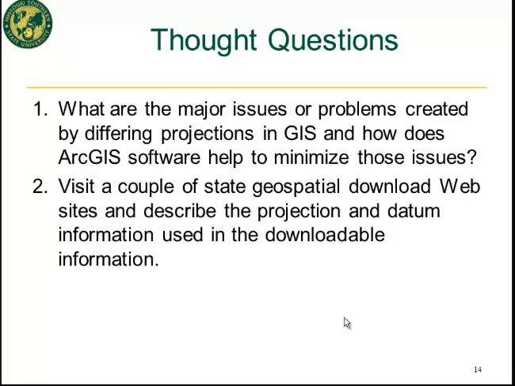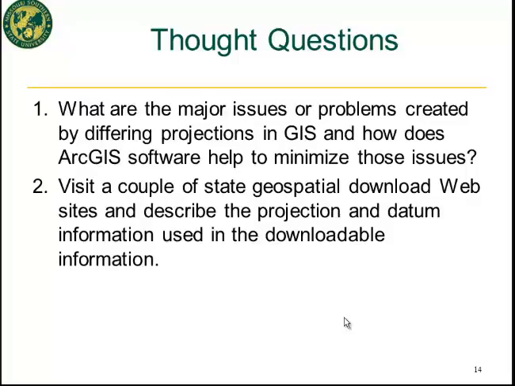I'd like for you to visit a couple of geospatial download sites, probably for states, like the Missouri Spatial Data Information Service and others that I've cited earlier in the course. And I'd like for you to look at the projection and data information that is available in those downloadable files.